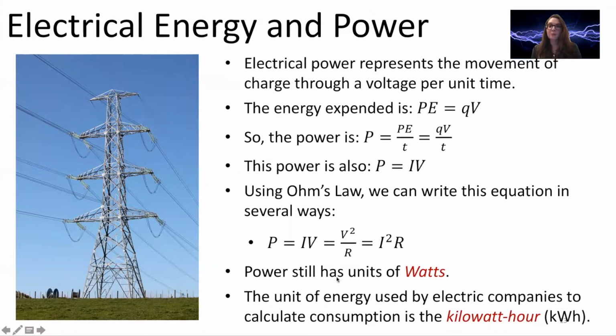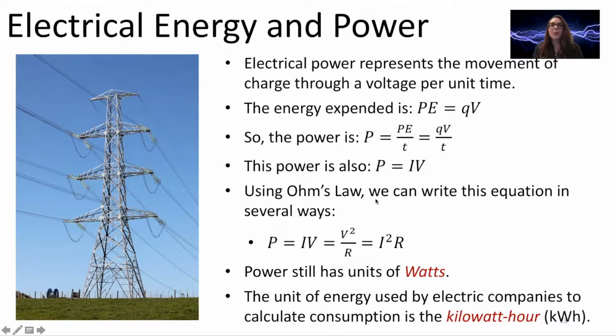So over here, we could solve this equation and say that energy is equal to power times time. And so an electrical company would calculate the energy that you've used in your home with the unit of a kilowatt hour.